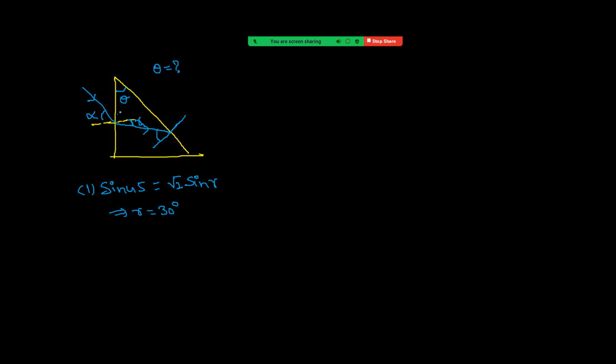You can see this is now 90. This is 90. This is 30. Total is 120. This is 120. This is theta. Then this remaining angle, see how much? 120 plus theta. This is now 60 minus theta.